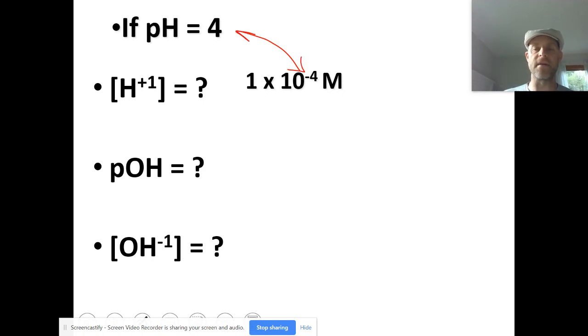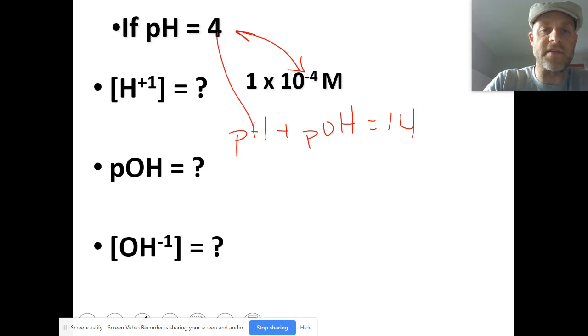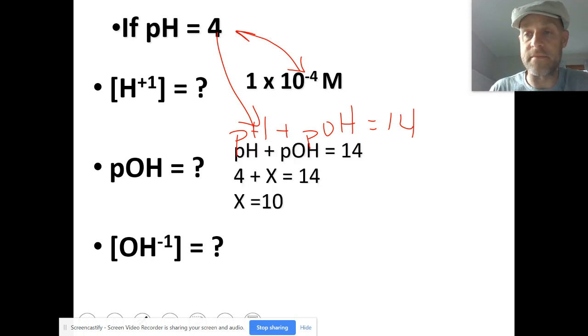All that means is I have 1 times 10 to the negative 4 H plus ions. That's it. Well, that was easy. What's the pOH? Remember that first equation: pH plus pOH equals 14. If pH is 4, 4 plus what equals 14? 10. So pOH is 10.